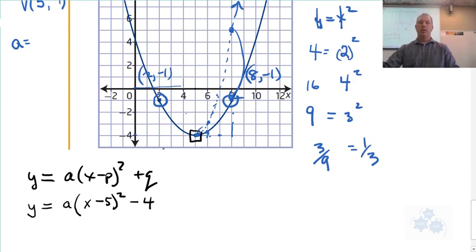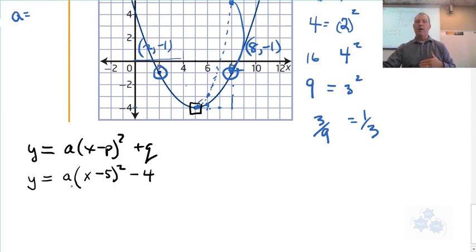Now, I'm getting close to solving for A. If only I had one other point that I knew was on the graph, I could solve for A. Notice that if you plug in a known point on the graph, an x value and a y value, you would only have A to solve for.